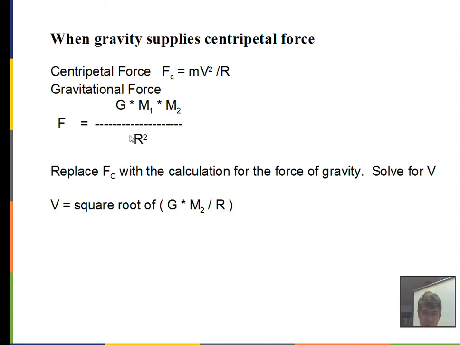And again, this r squared factor here, as Newton worked with just proportions, he did not know capital G, so he did not have an equation. He had a proportion. Force is proportional to m1 times m2 over r squared. With calculus, it can be shown that this 1 over r squared dependence creates an elliptical orbit.